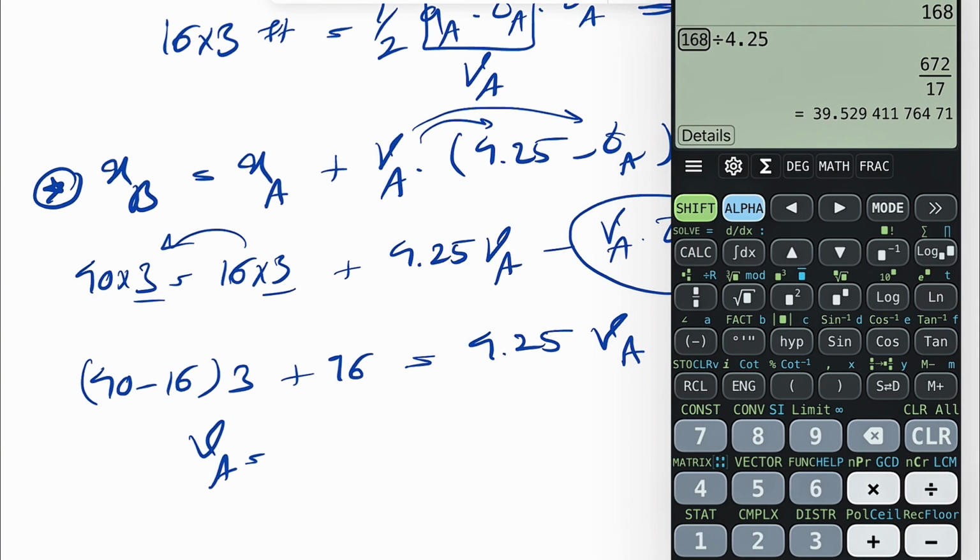Let's calculate this. So the velocity at point A is going to be 39.5, and the unit is feet per second.